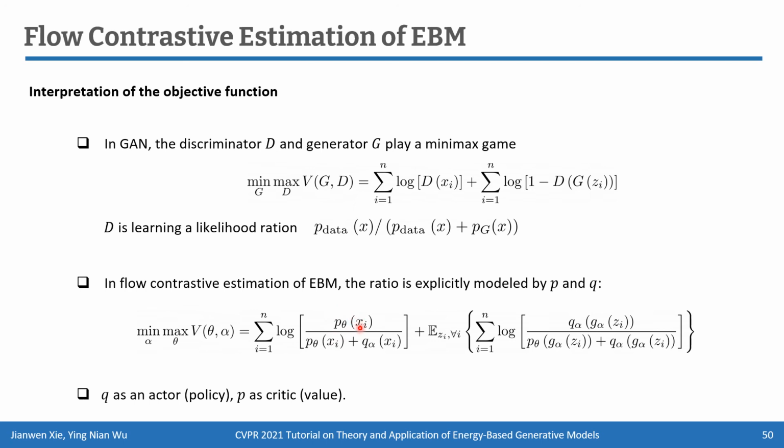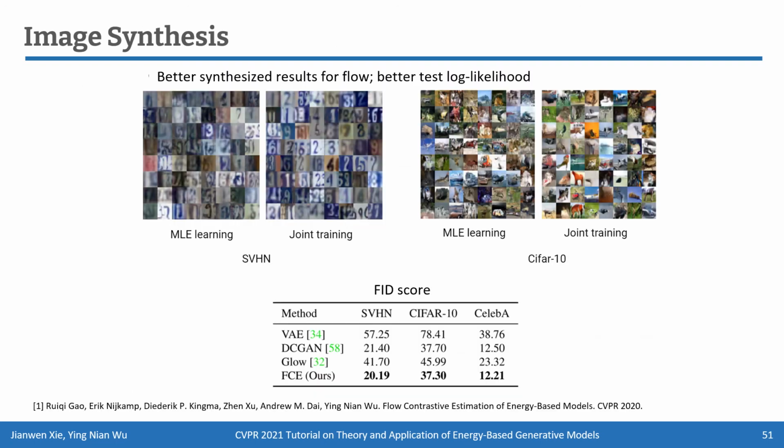We learn the energy function explicitly instead of just learning a ratio as in a GAN, because we know the density of this Q. You can think of this Q as an actor or a policy in the language of reinforcement learning, and P as a critic or value. So this is the essence of flow contrastive estimation.